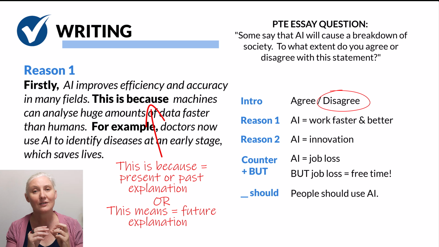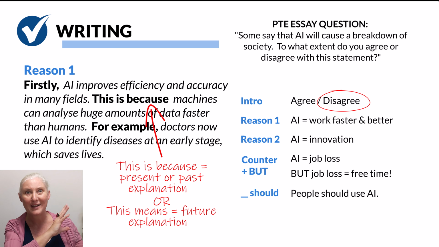But if I wanted to give a reason for something that might happen in the future, I'll use "this means." Okay? So you need to decide each time, do I want to talk about now and the past, or do I want to talk about the future? If it's now and the past, "this is because." If it's the future, "this means."